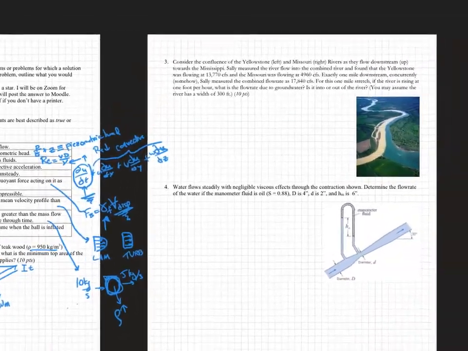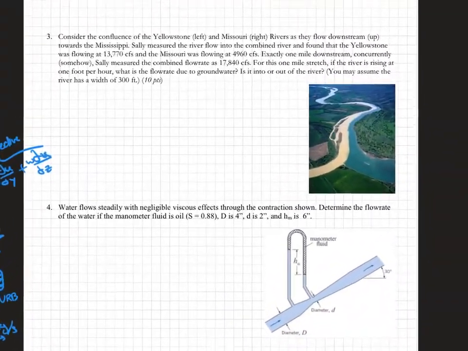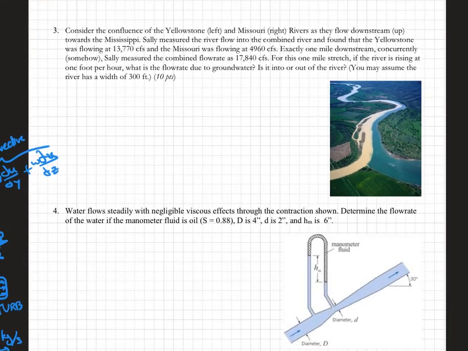We'll do number 3. Consider the confluence of the Yellowstone and Missouri rivers as they flow downstream towards the Mississippi. So here, this is the Yellowstone. This right here is the Missouri. Really, to make it simple, we wouldn't think about it that way.